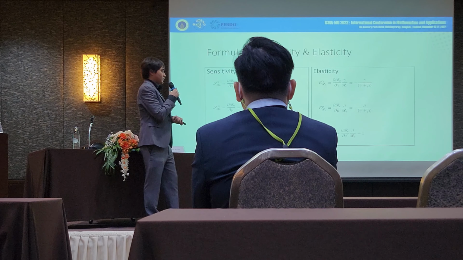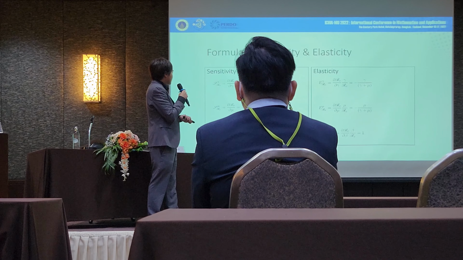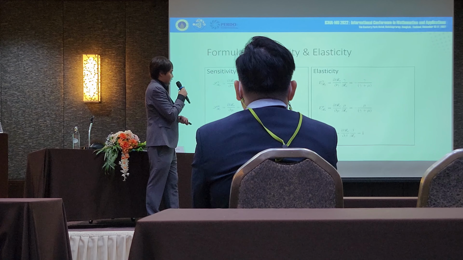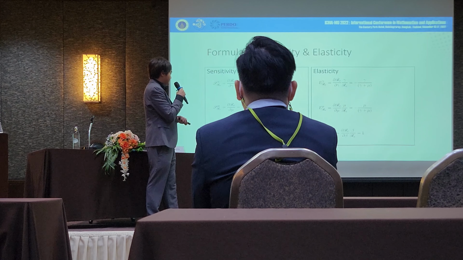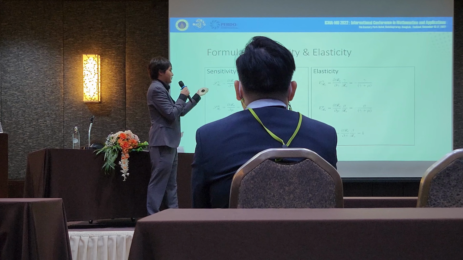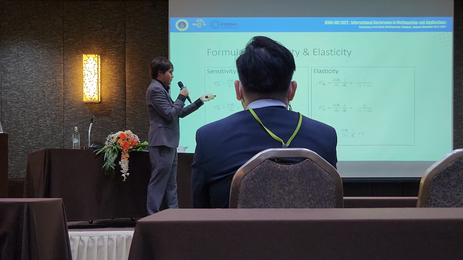And here are the formulas for sensitivity and elasticity, where we take the partial derivatives of the reproduction number with respect to each parameter, right? But then for elasticity, we take that and multiply it by the parameter over the reproduction number, the effective reproduction number.